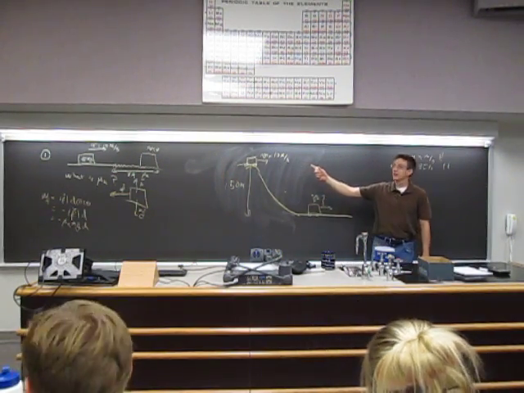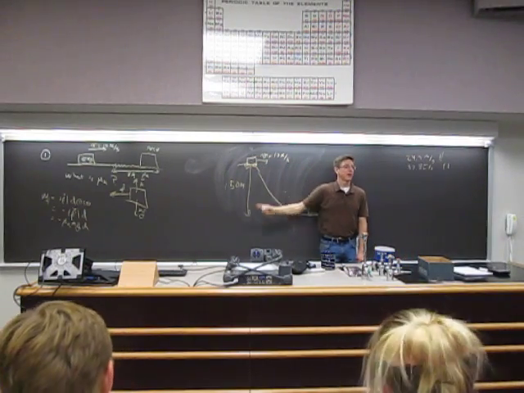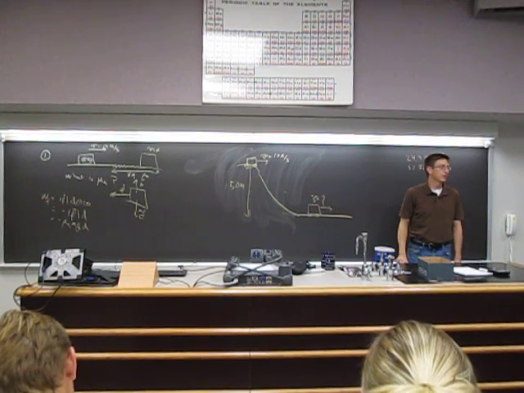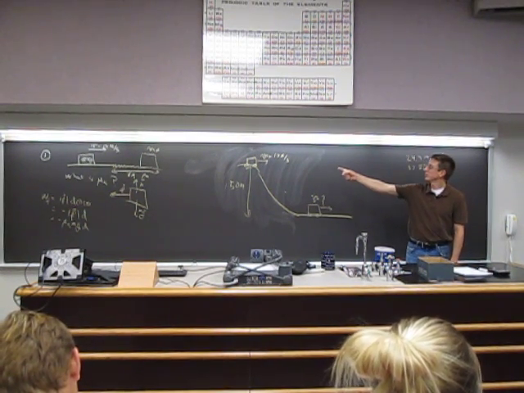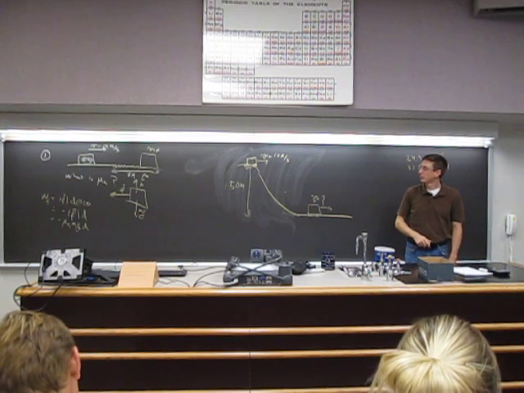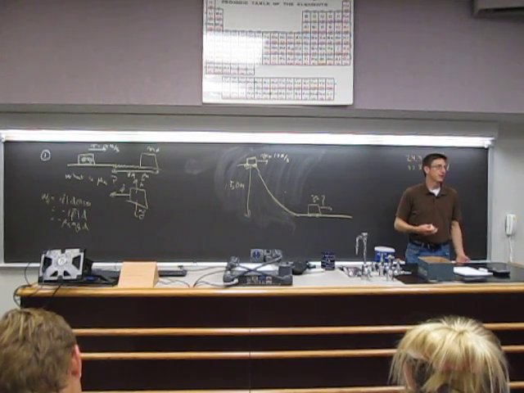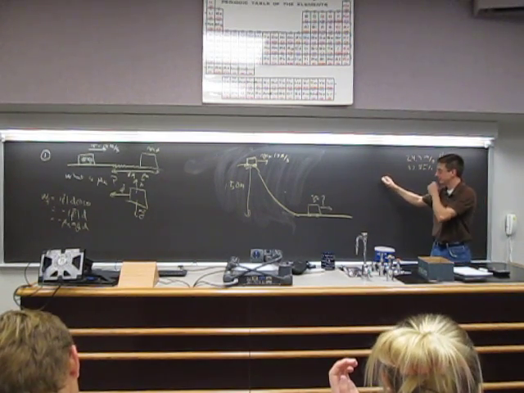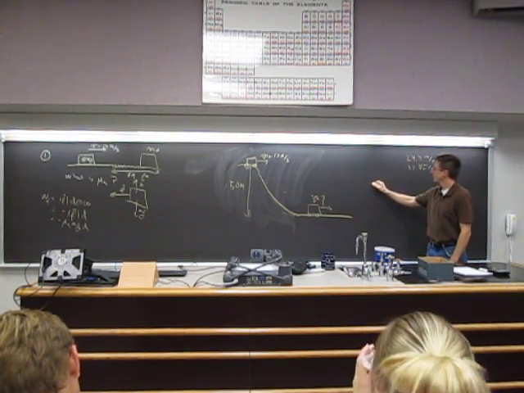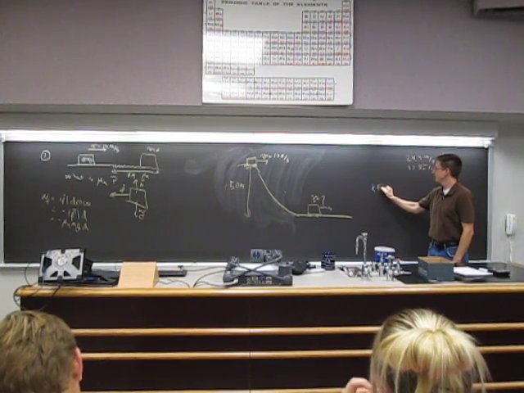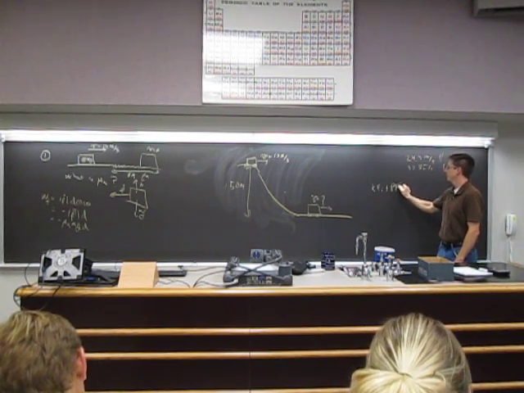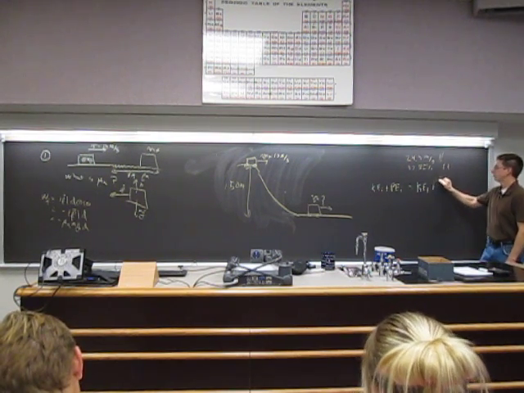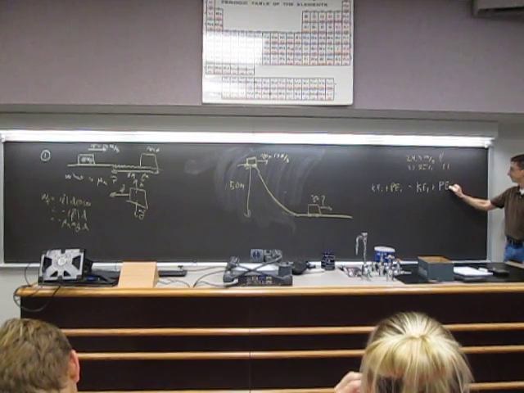So this one, all the work's done by gravity, so you can introduce potential energy here. The only other force on it, if it's rolling nicely, is the normal force, and that doesn't do any work. So what I can do is say that the initial kinetic energy plus the initial potential energy is equal to the final kinetic energy plus the final potential energy.